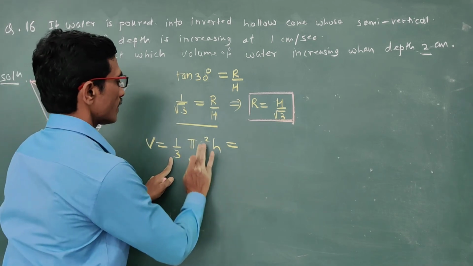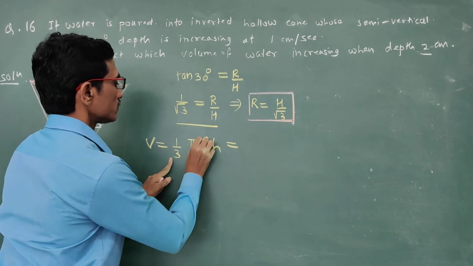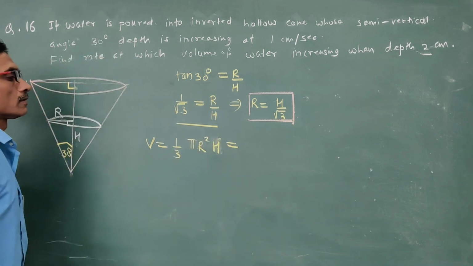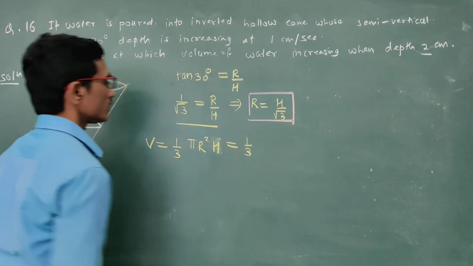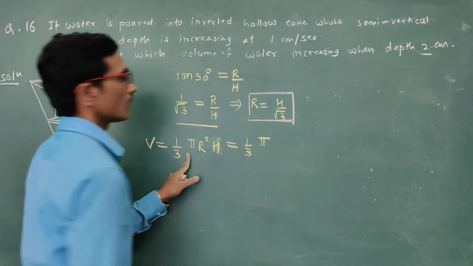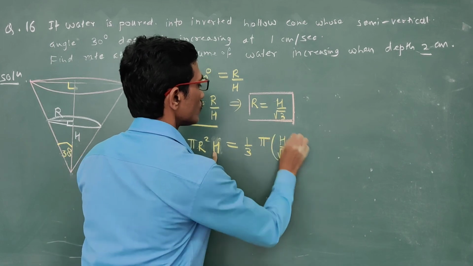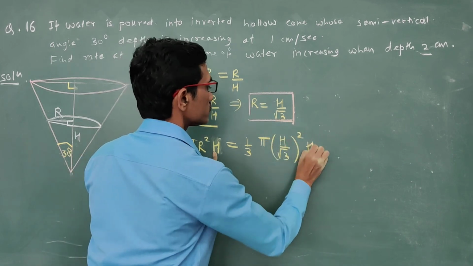So here it is capital R and this is capital H. So 1 upon 3 pi r square h, where r is h upon root 3, whole square, into h.